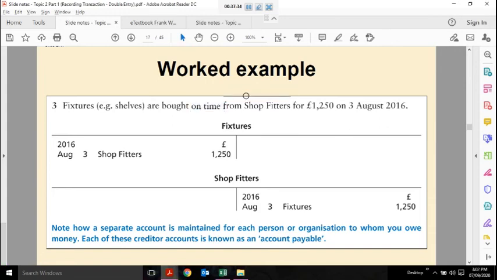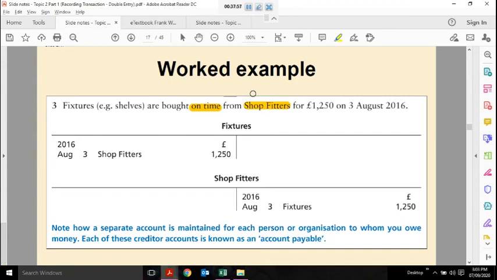If it's on time, meaning this company bought the shelves first and used them from shop fitters, but they will pay shop fitters later. So it is a liability, meaning the business owes shop fitters. So shop fitters is your account payable.